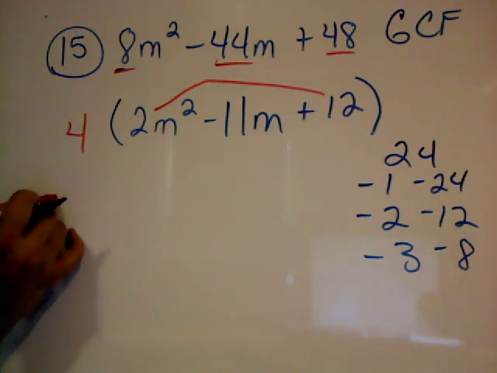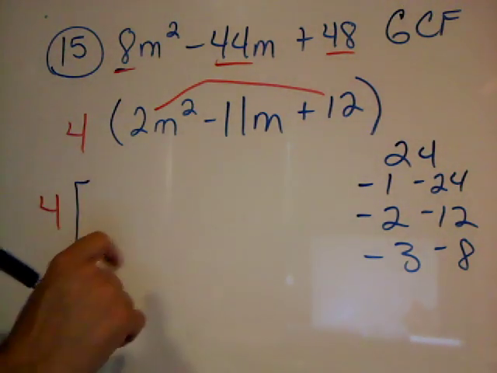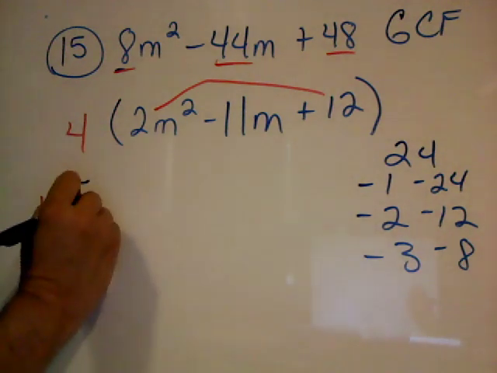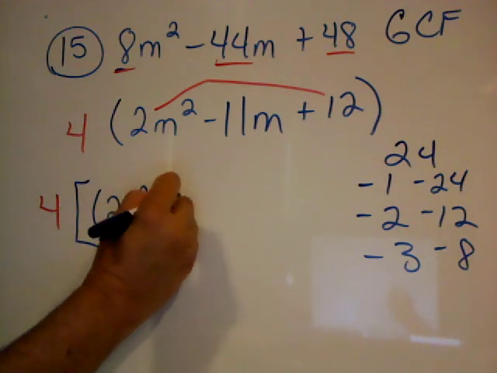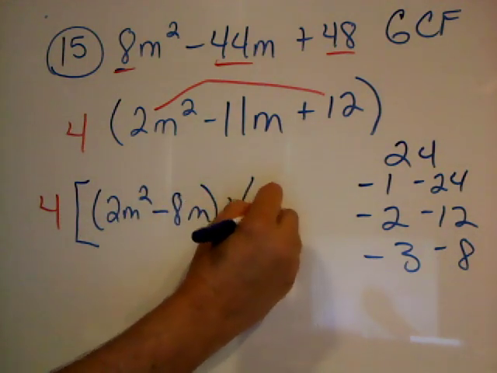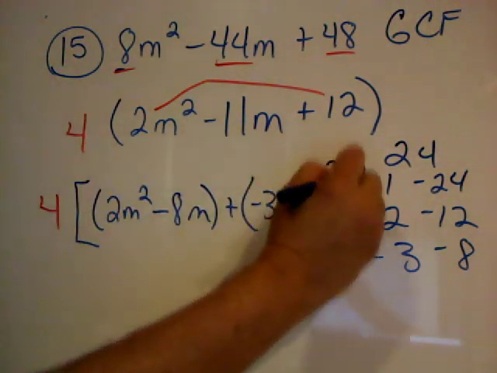So I have a 4 here. And like I said, if we want to use our brackets to make it look nice, we can. I'm going to pair the 8 with the 2. So I'm going to say 2m squared minus 8m plus -3m plus 12. Close my bracket.